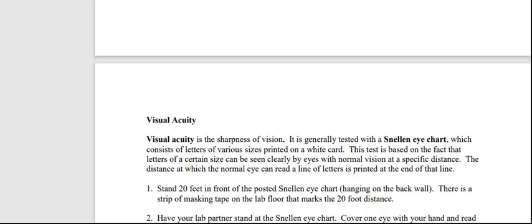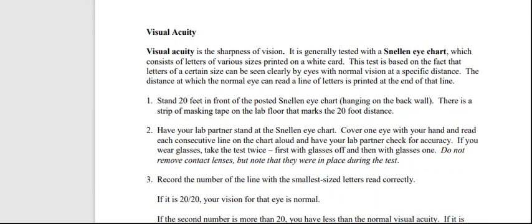Visual acuity, they use the Snellen eye chart. Everybody's done one of those. That's where the first line has an E, and the next line has like 2 or 3 letters, and the next line has 6 or 7 letters. And if you go over to the chart and look on the side, it will have a number like 20/20 or 20/30 or 20/50.